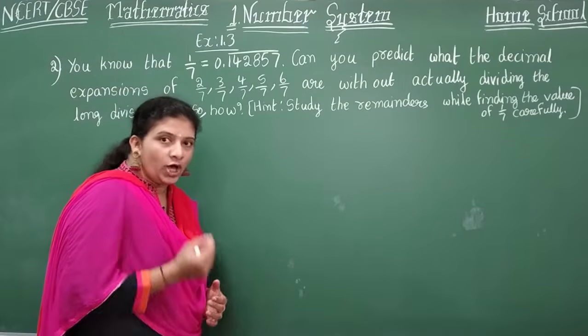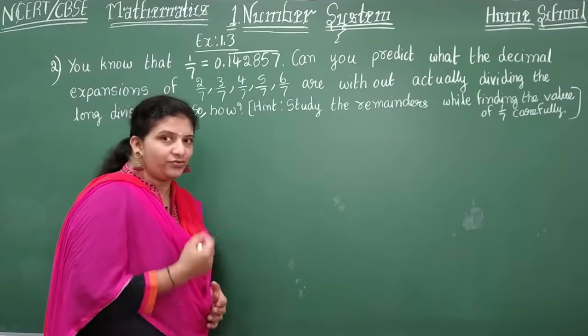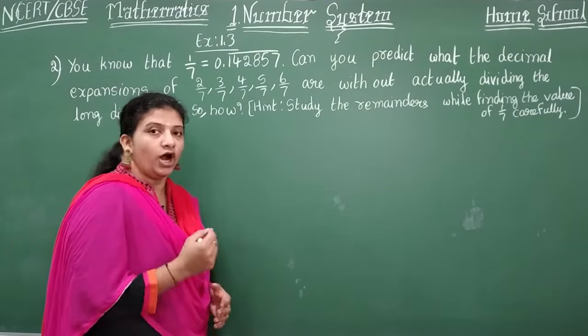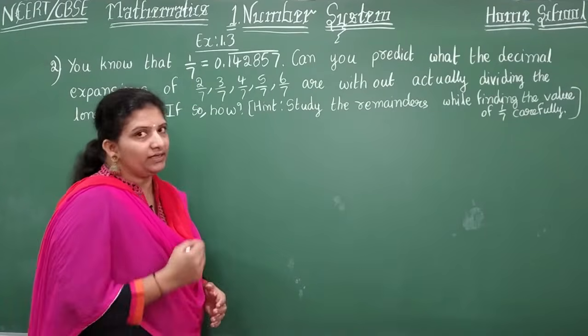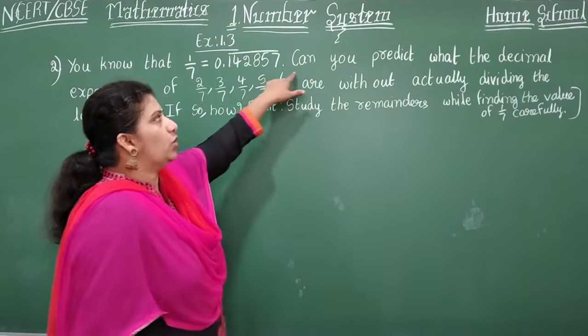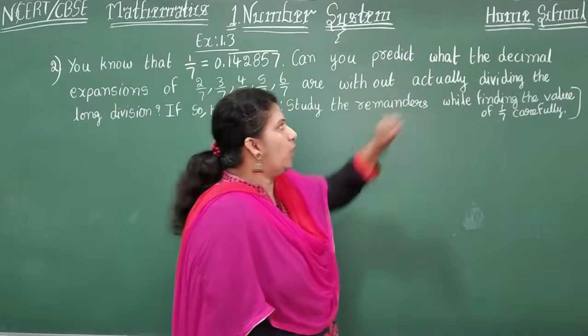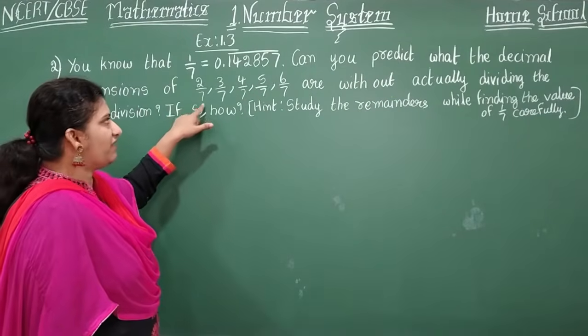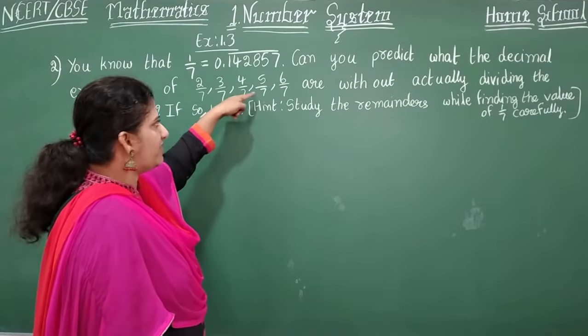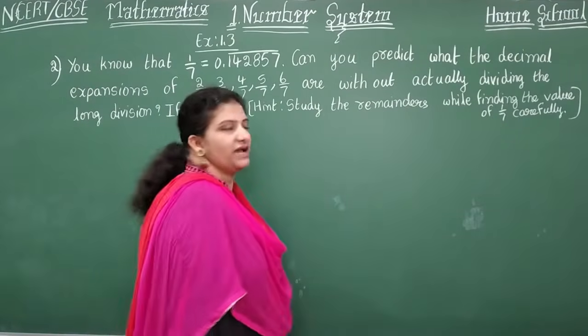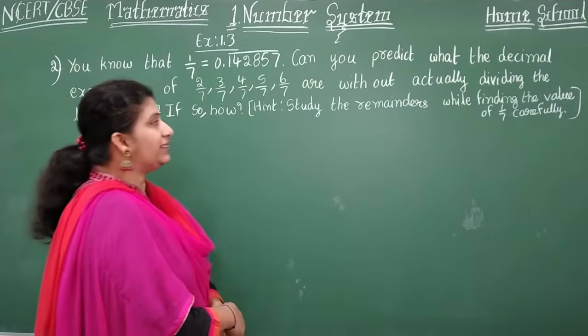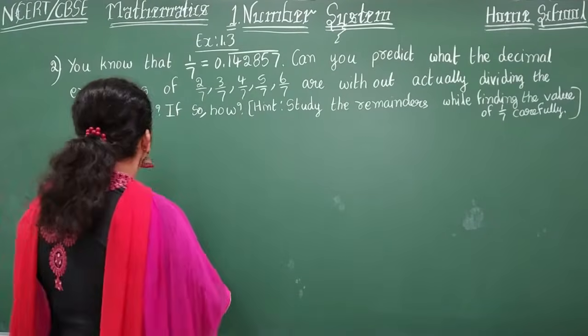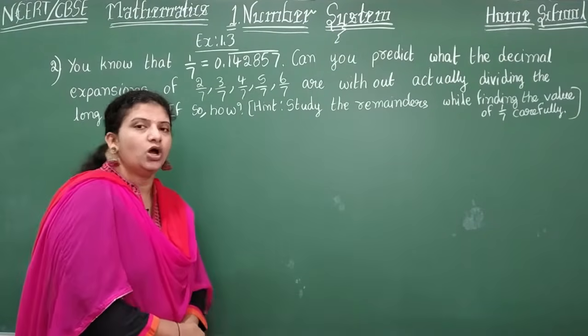It is a non-terminating and recurring, or non-terminating repeating decimal. So, can you predict what the decimal expansions of 2 by 7, 3 by 7, 4 by 7, 5 by 7, 6 by 7 are without actually doing the long division?